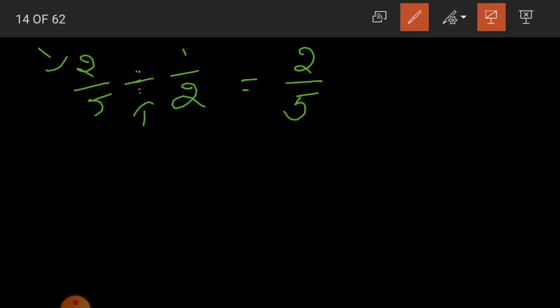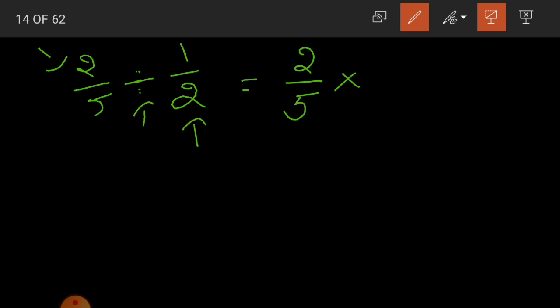Now here we have two fractions which we need to divide. The first fraction, that is the dividend, will be written as it is. 2 by 5 will be written as it is. Then this division symbol will be changed to the multiplication symbol. Yes, students?